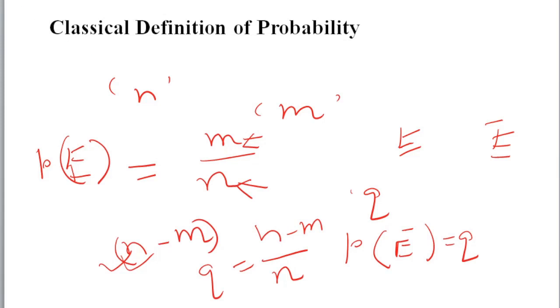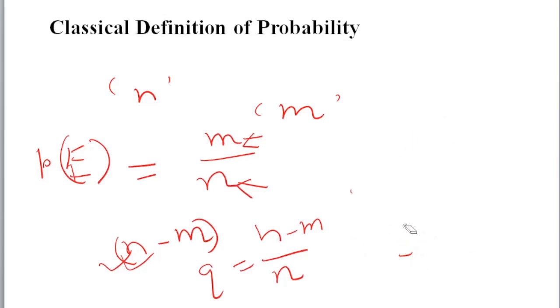From these two relations we can calculate the total probability value, and this can be easily found by using this: P plus Q equals 1. Where does this come from?